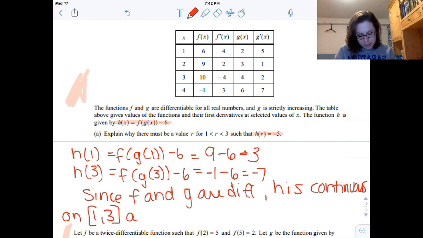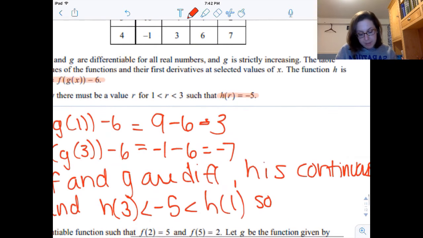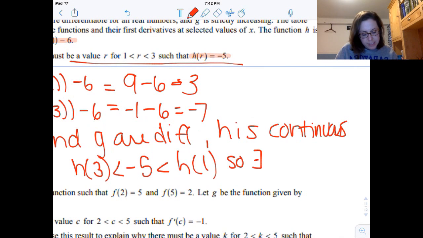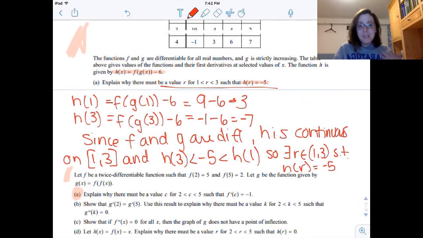And we know that h of 3 is less than -5, which is less than h of 1. So, and I'm going to copy this. There must be a value of r, blah, blah, blah. There exists an r on 1 to 3 such that h of r equals negative 5. And go back to the prompt, right? Copy it right from the prompt.